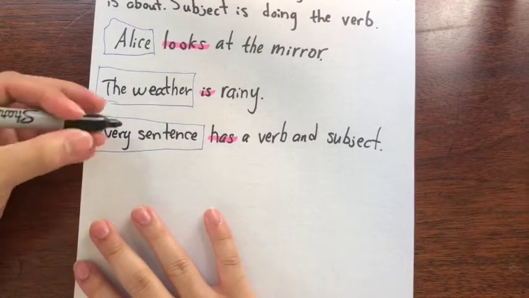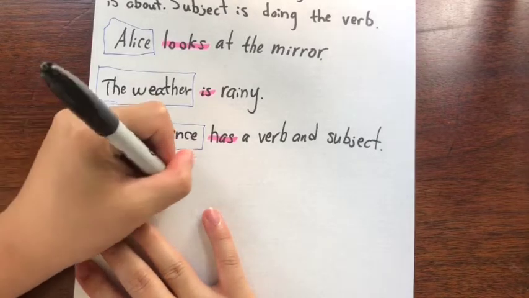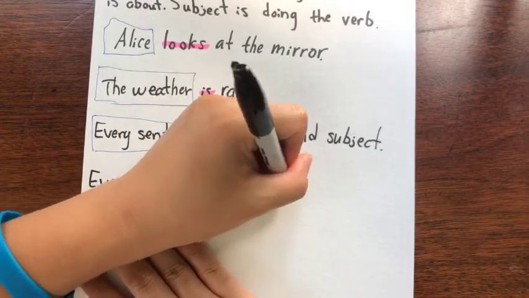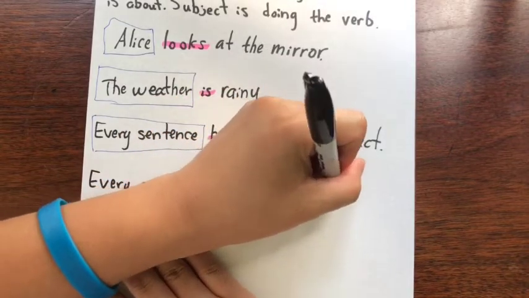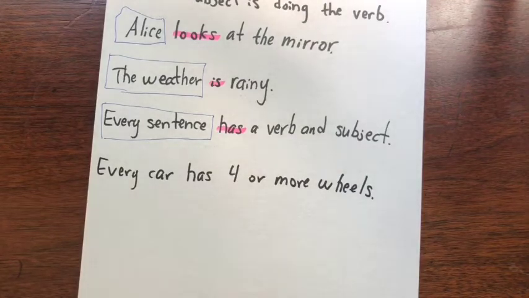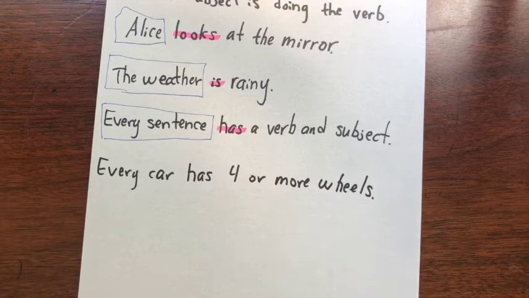So I can say, every car has 4 or more wheels. Every car has 4 or more wheels. What is the subject of this sentence?